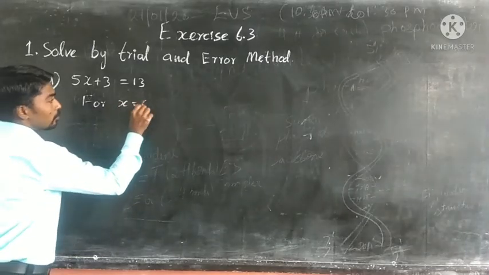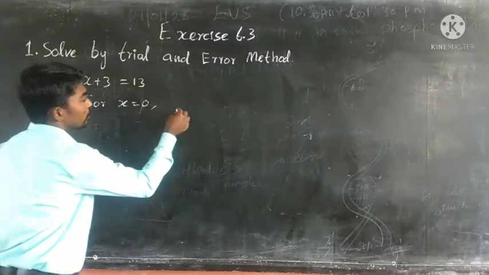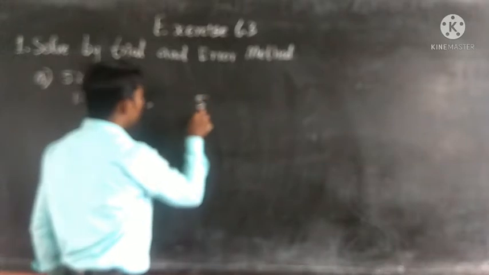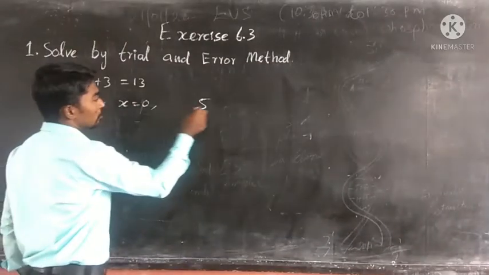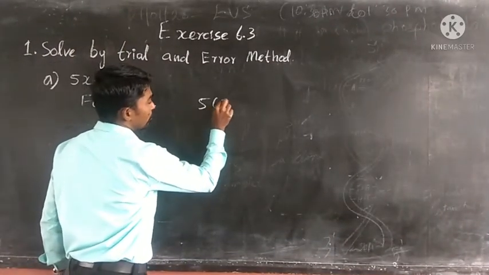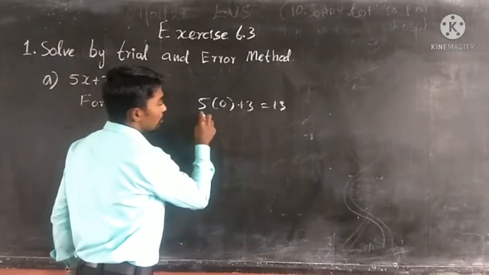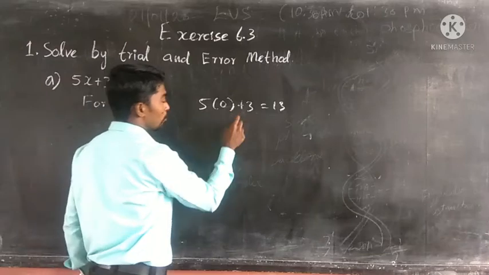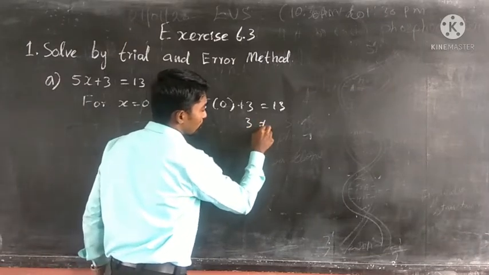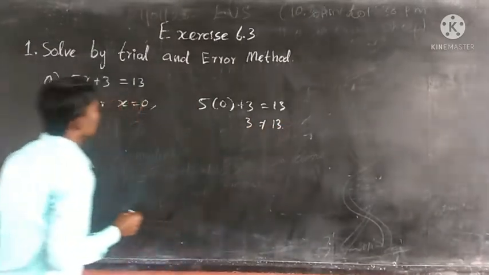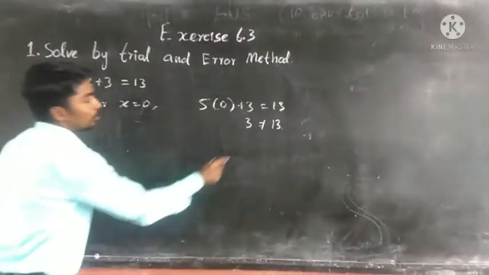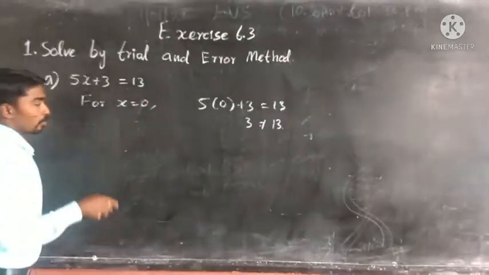For x is equal to 0, in place of x we substitute 0 in the given equation. 5 of 0 plus 3 is equal to 13. 5 zeros are 0, 0 plus 3, 3, not equal to 13. Both the sides are not equal.